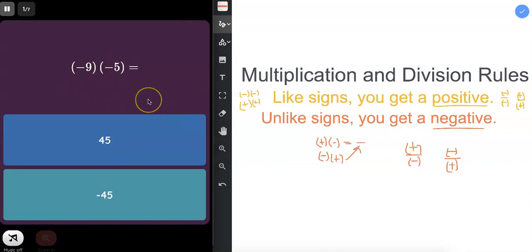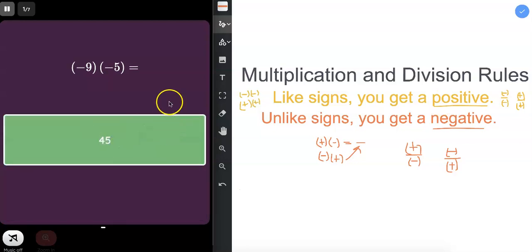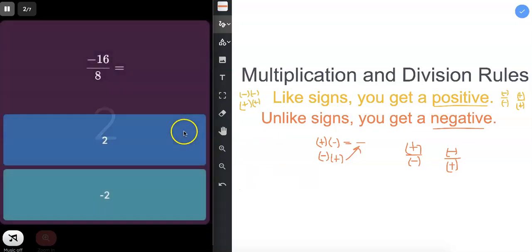And the quiz I already started, so let's go ahead and use our rules. We have a negative 9 and a negative 5, so those are like signs, so we get a positive. So this is a positive 45. Next example. Negative 16 divided by a positive 8. Those are mixed symbols. They're unlike symbols. One's a negative and one's a positive.